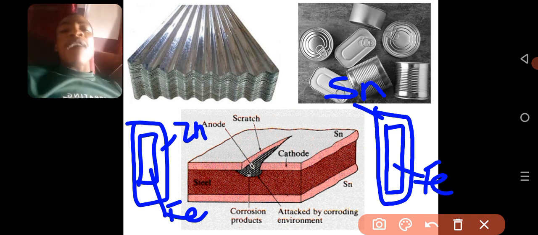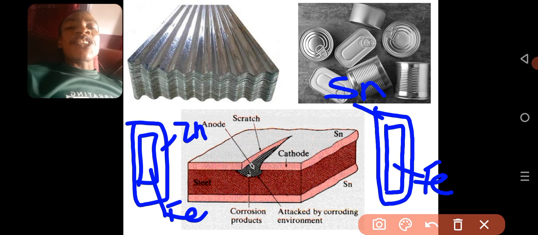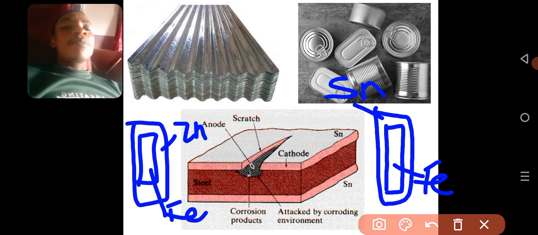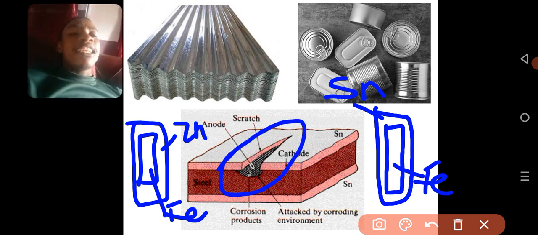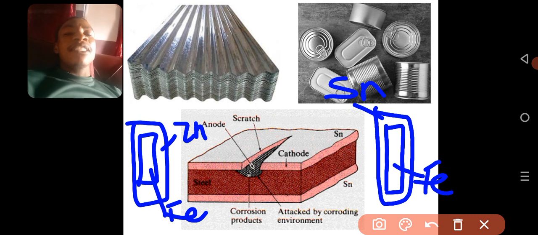Fine. So that's a similar case in this place. Zinc completely covered the iron, tin completely covered the iron. But immediately there's a scratch, you see something like this. The layer of the tin is scratched, and the layer of the zinc also is scratched.